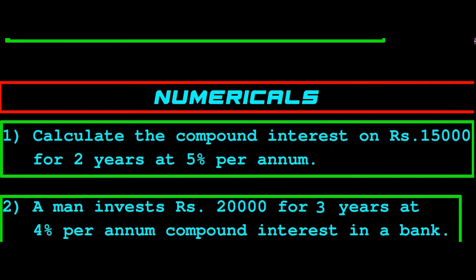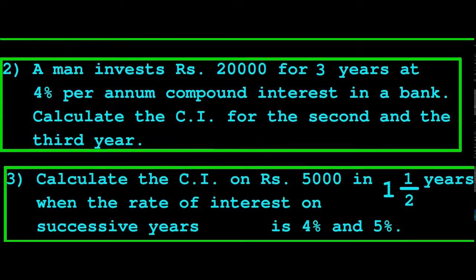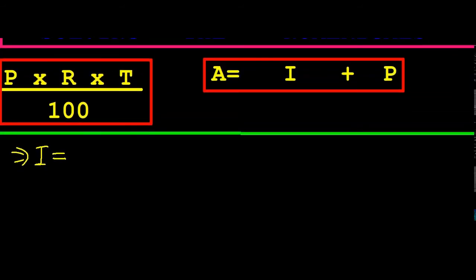So friends, let's proceed. Sum number 1. Calculate the compound interest on rupees 15,000 for 2 years at 5% per annum. The compound interest, we will just write interest is equal to, or you can also write simple interest, but we are calculating interest in this case.